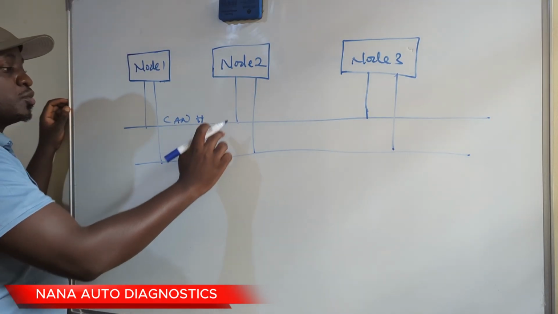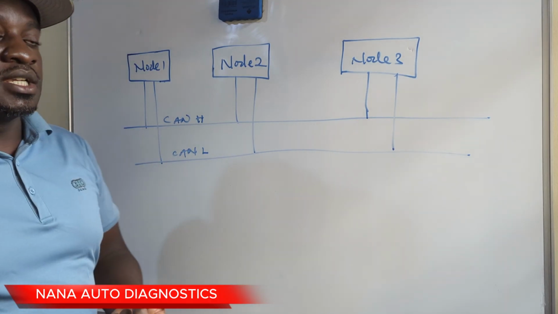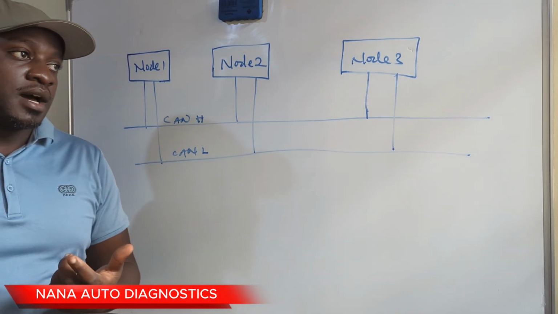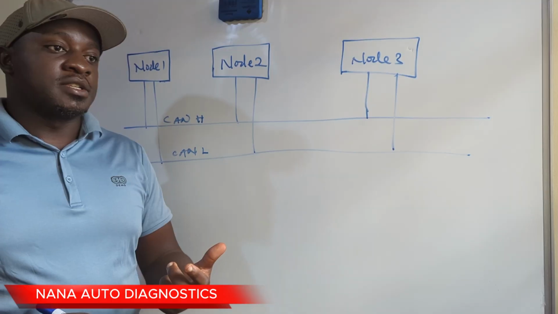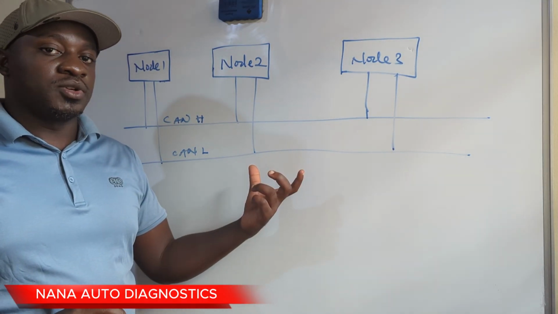Now these are the two twisted wires, and usually they are twisted to minimize electromagnetic interference. Remember, this is a differential signal transmission.